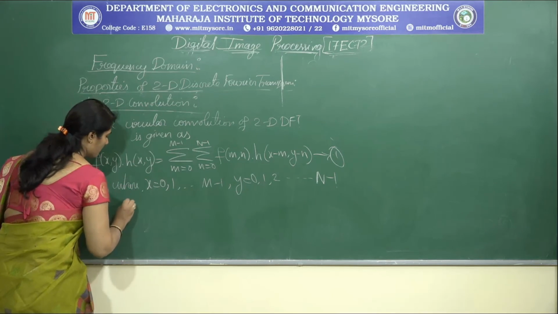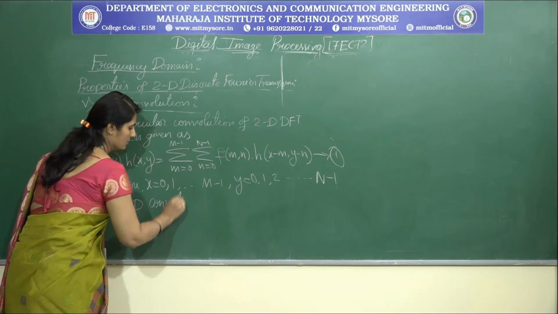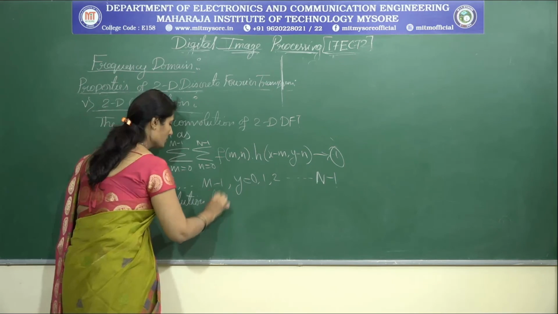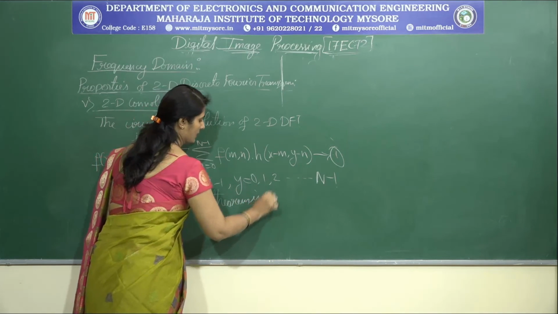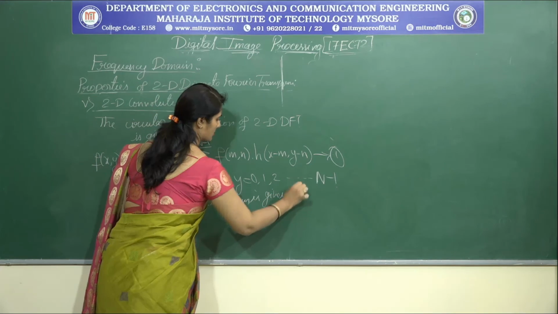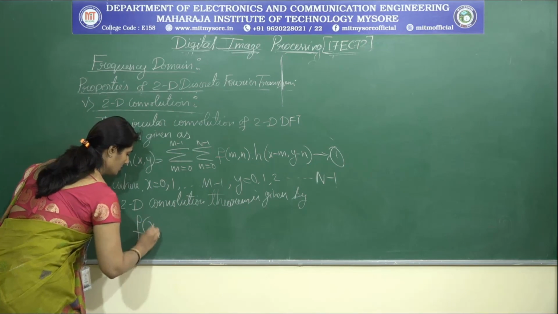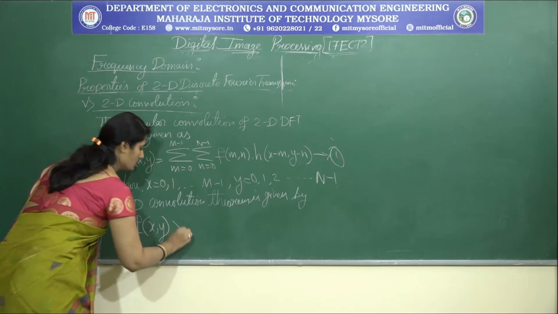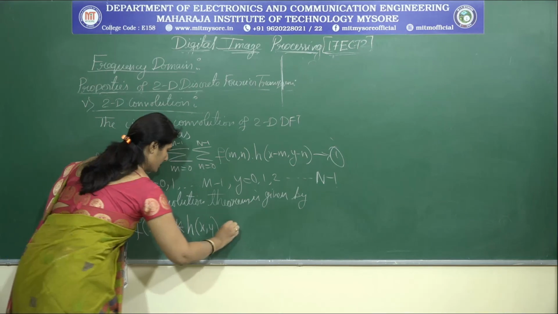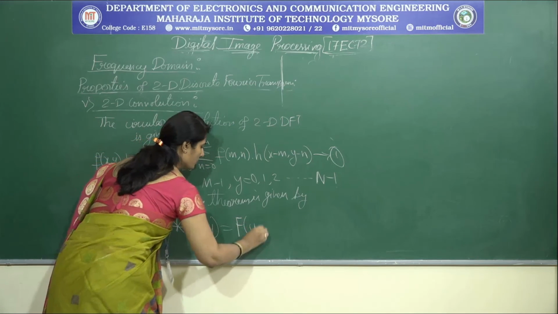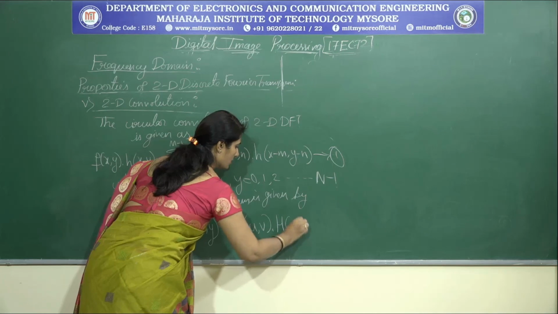To illustrate that, the two-dimensional convolution theorem is given as: the convolution of f and h of x comma y is equal to f of u comma v into h of u comma v.